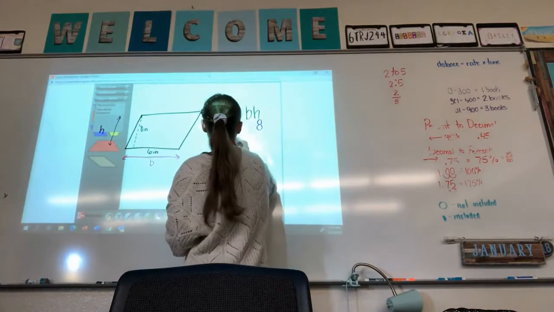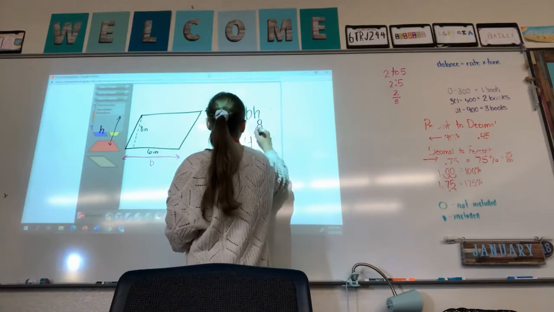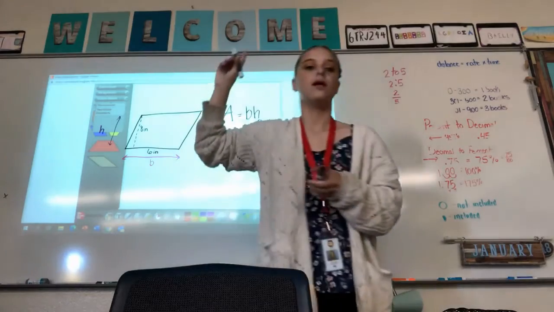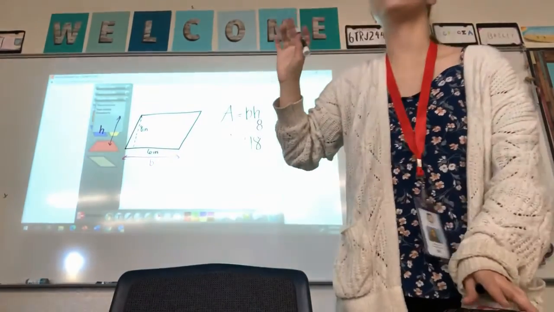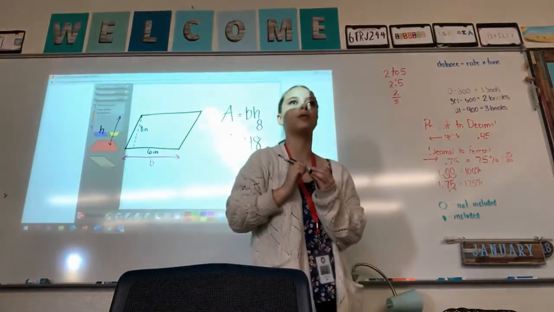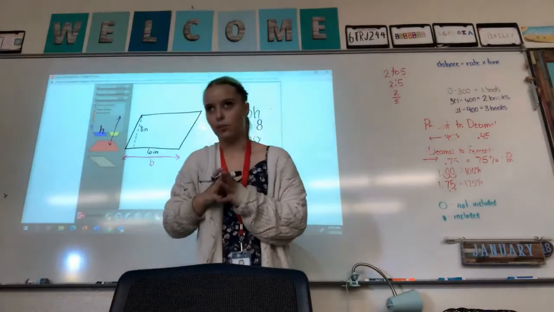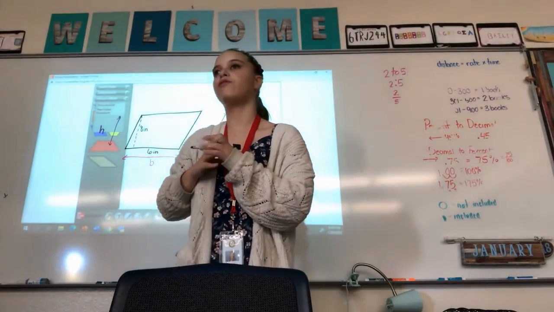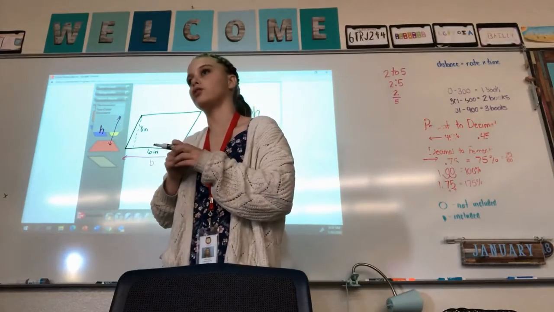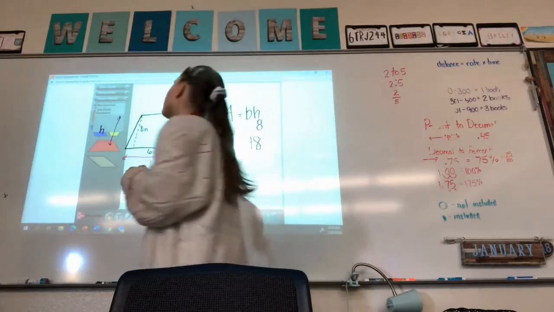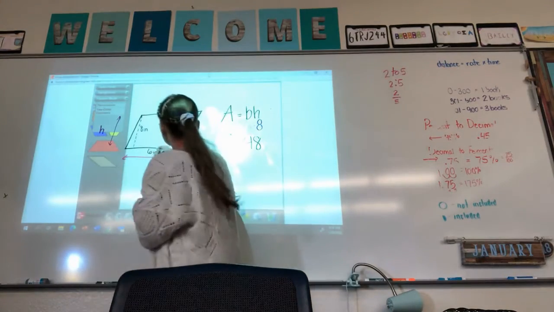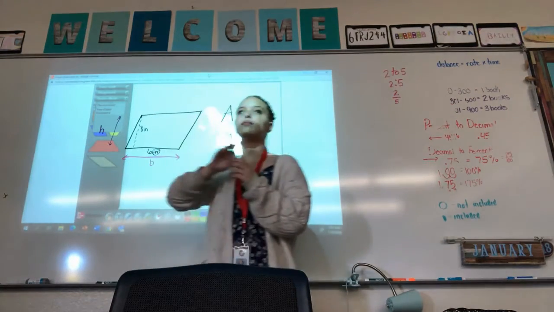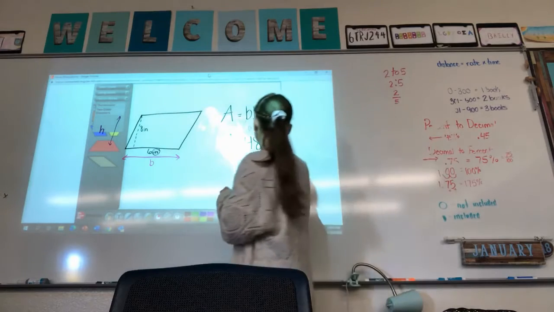So our area is 48. But like everything when it comes to geometry and word problems, you have to label it, because this could be 48 Taylor Swift concert tickets. I wish. So we use our inches.